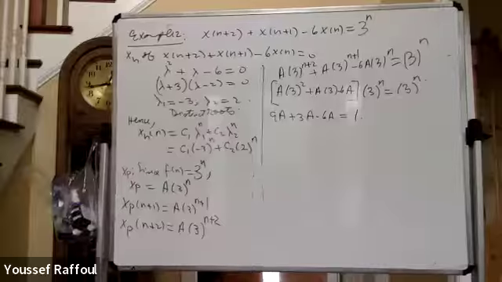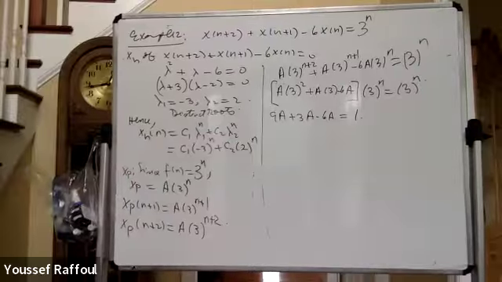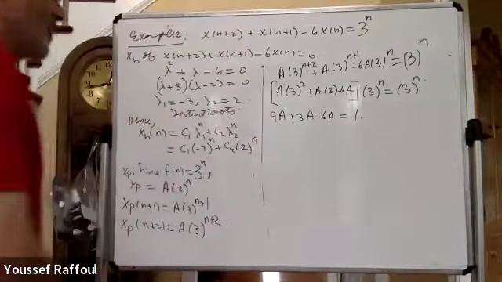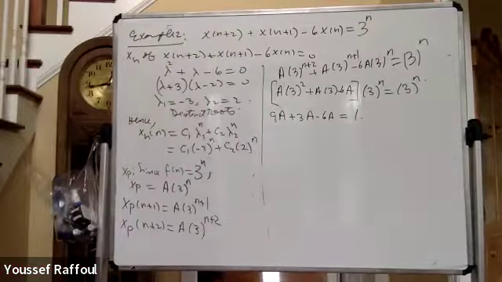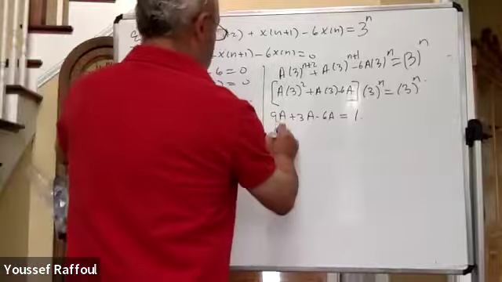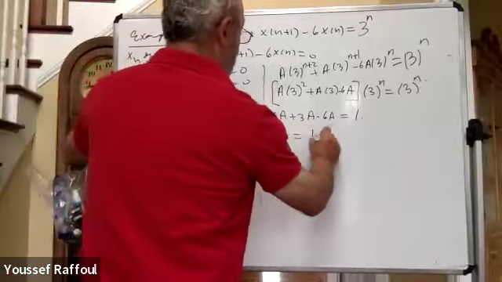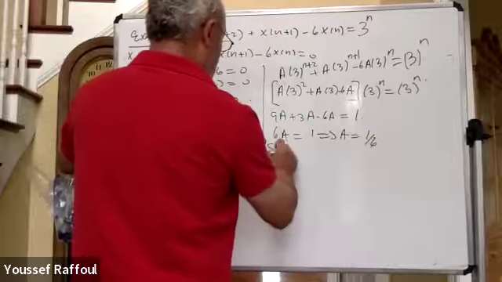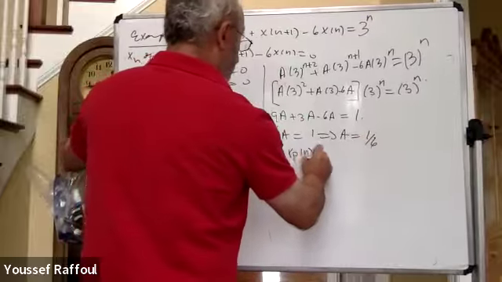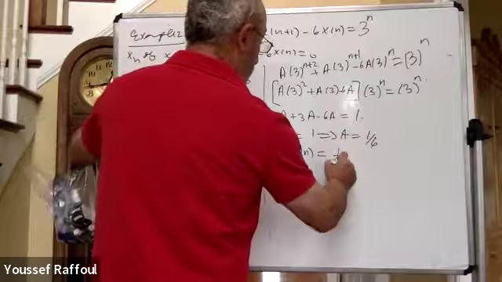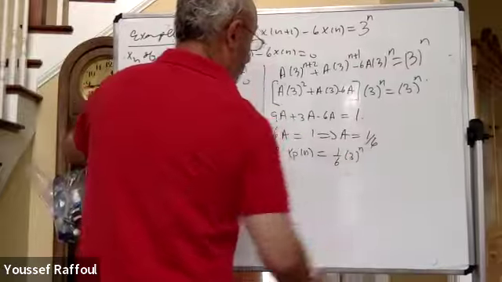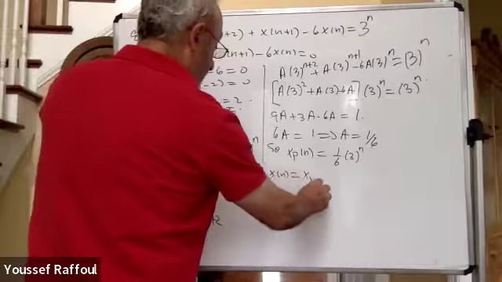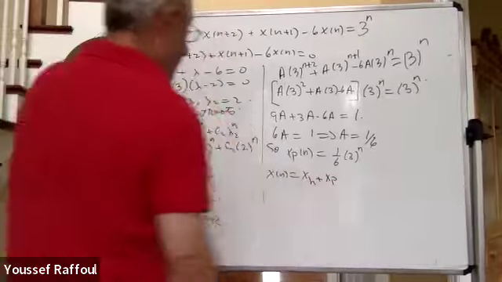Dividing by 3 to the power n, you see that? Any questions? So we have 6a equals 1, then a is 1 over 6. And so x_p of n is 1 over 6 times 3 to the power n. And the solution x_n is x_h plus x_p.